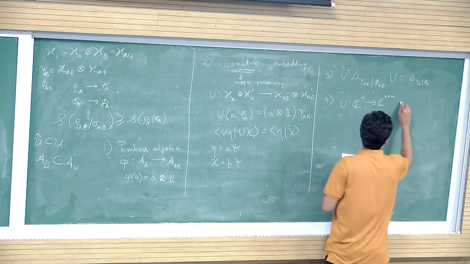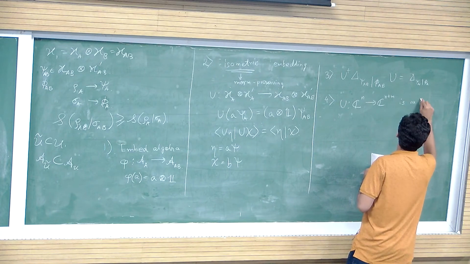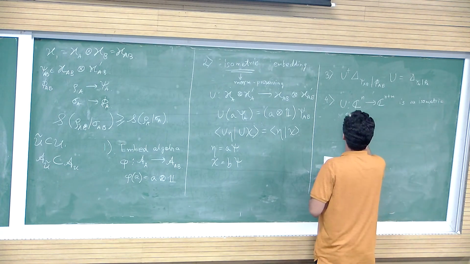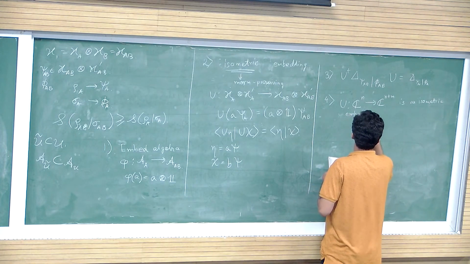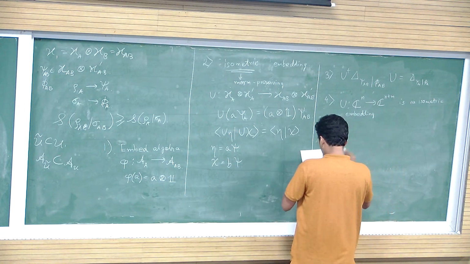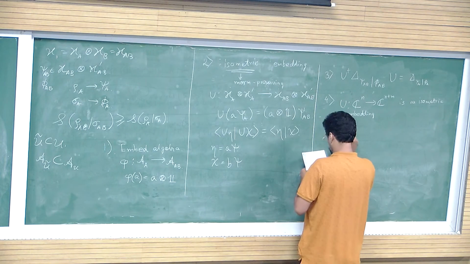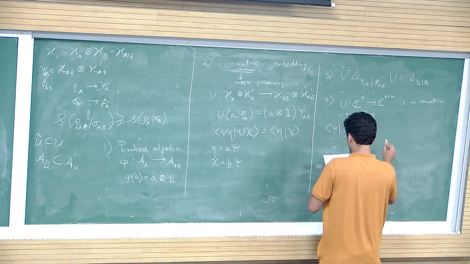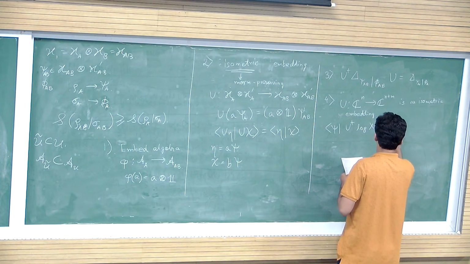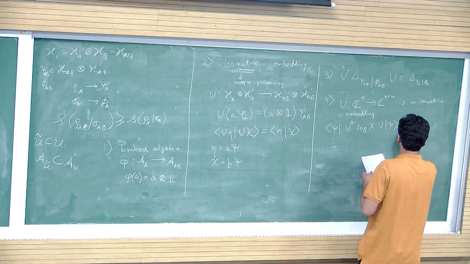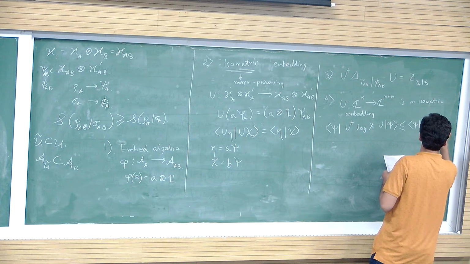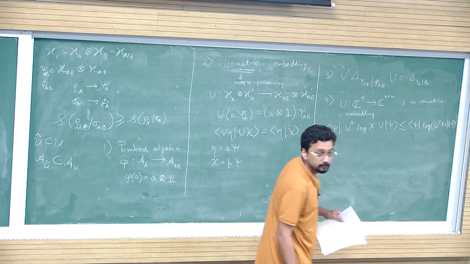If U is an isometric embedding, then what one has is this inequality.